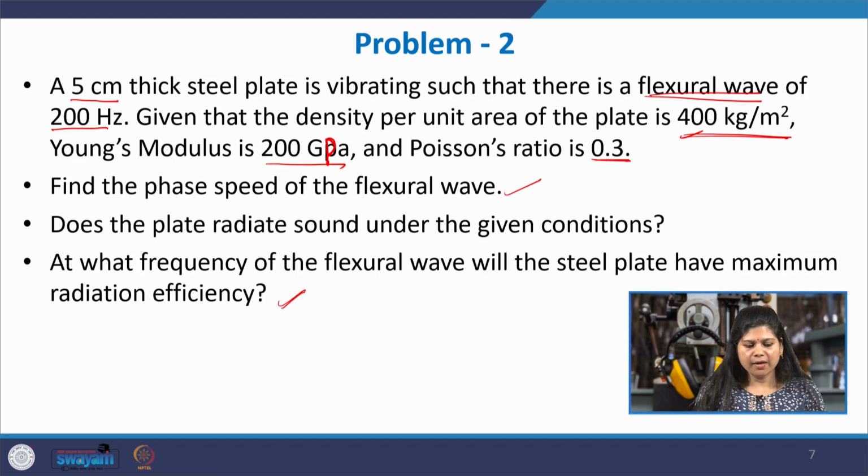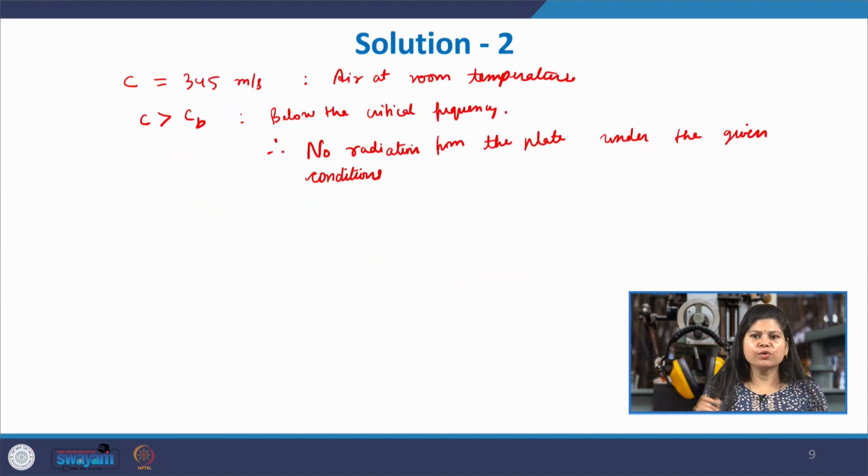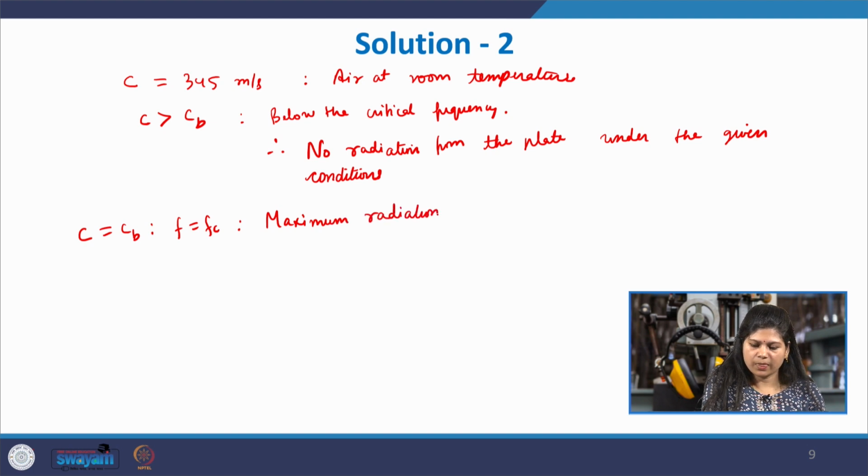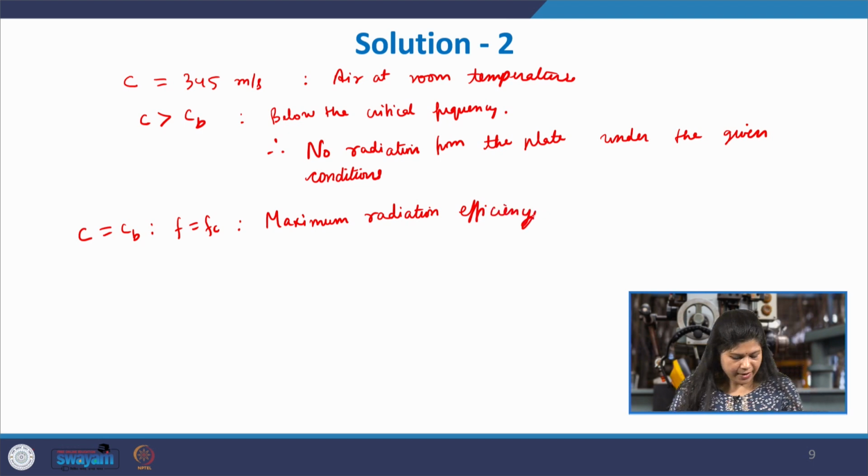Now, let us see what frequency will give maximum radiation efficiency. Well, you know that whenever C becomes equal to Cb, or f becomes equal to the critical frequency, in that region we get maximum radiation efficiency. So, for this particular plate, fc is given by this formula.